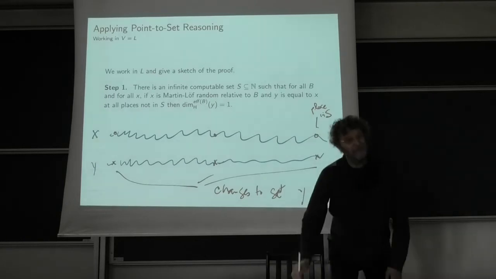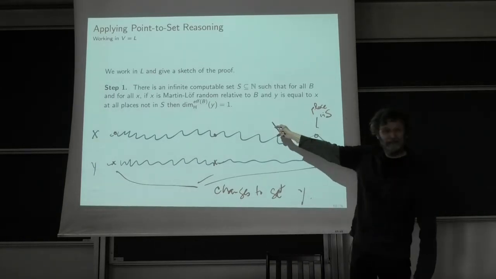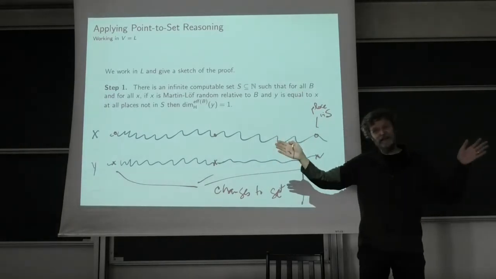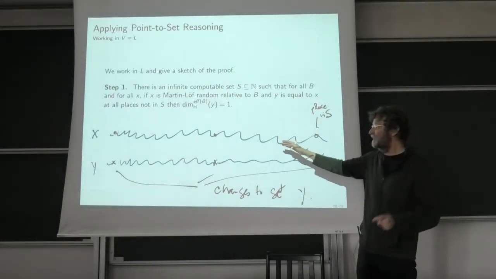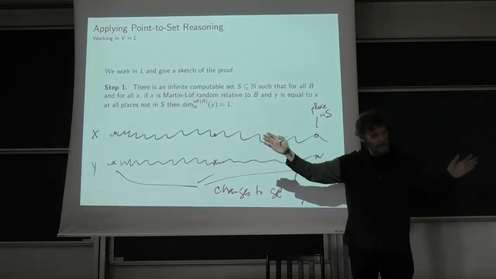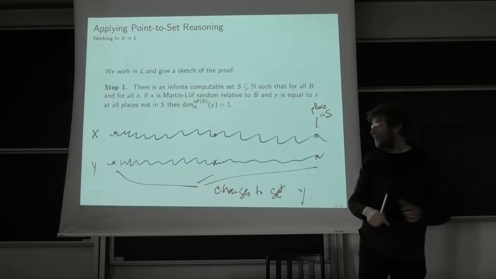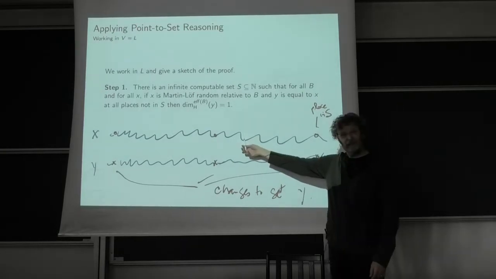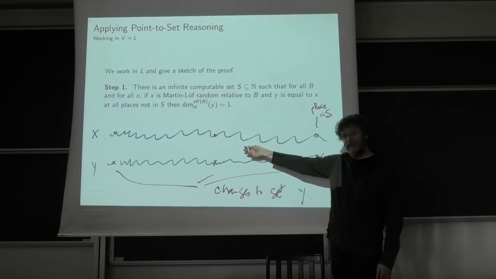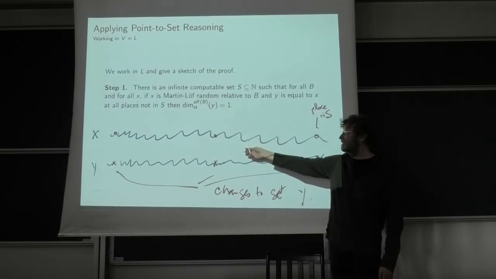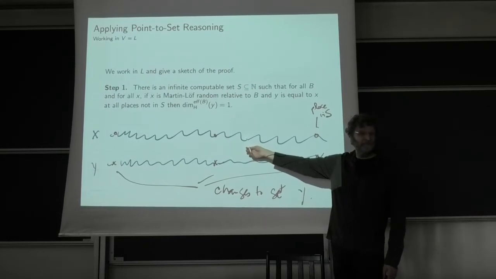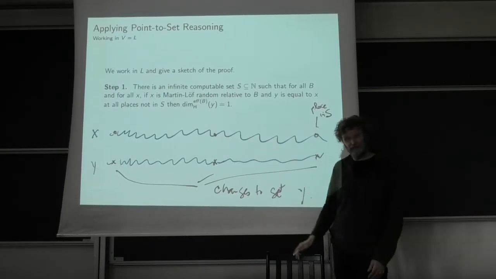Now, if X is Martin-Löf random relative to B, that's the same as saying you can't compress the information in the initial segments of X by anything more than a constant. The Kolmogorov complexity of X up to here, say the first L bits, relative to B is L minus a constant. It's completely incompressible.